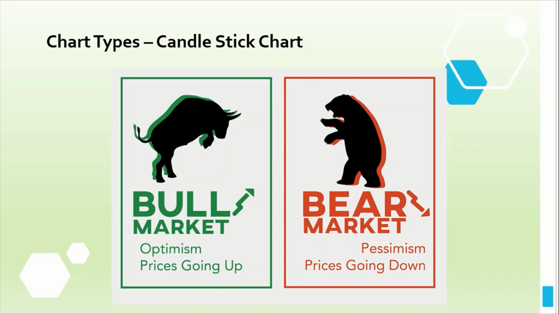If you're very much well aware of the stock market, you know by now that the symbol of this market is the bull and the bears. So it has nothing to do with zoology. It just simply signifies the movement of the prices in the market.